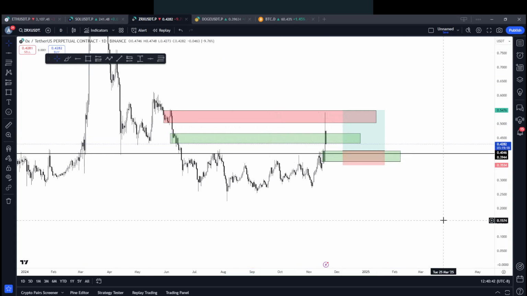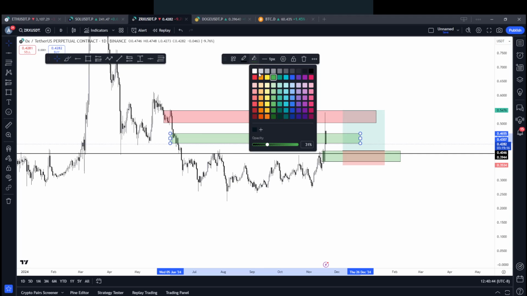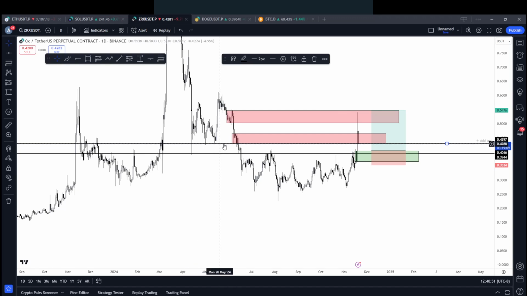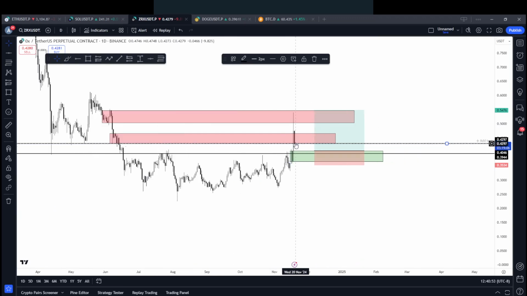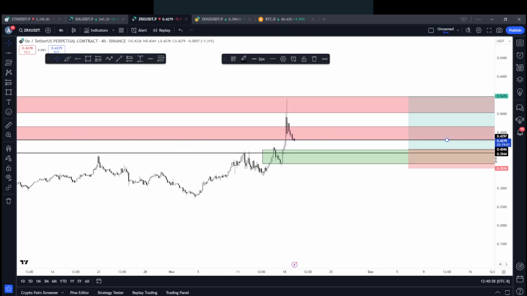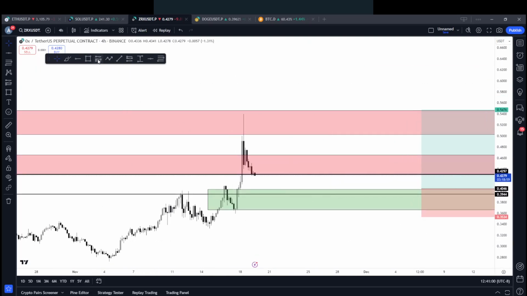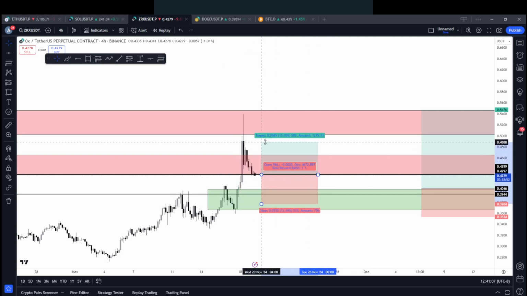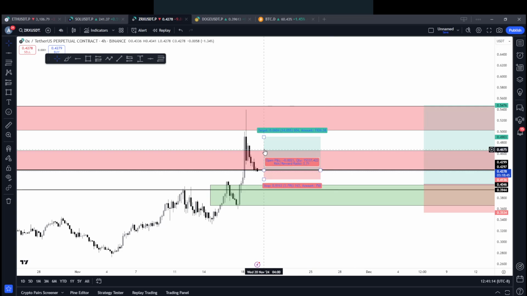So we either hold this SR line here, right? Previously support, we went above. If we close above this on the daily, we go to a lower time frame, and your setup would look something like that.